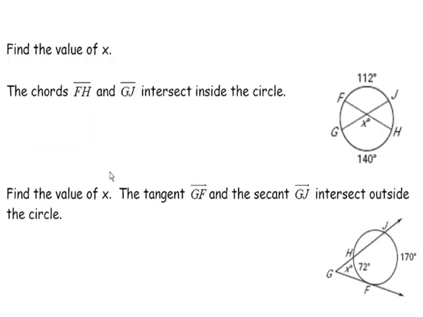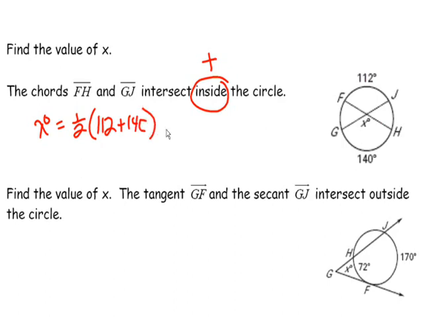So we need to find the value of x, and we've got chords that intersect inside the circle. Well, inside means add. So x is going to equal 1/2 the sum of my two intercepted arcs. So 112 plus 140, and that gets me 126 degrees.